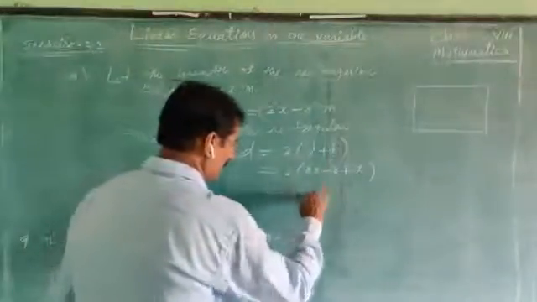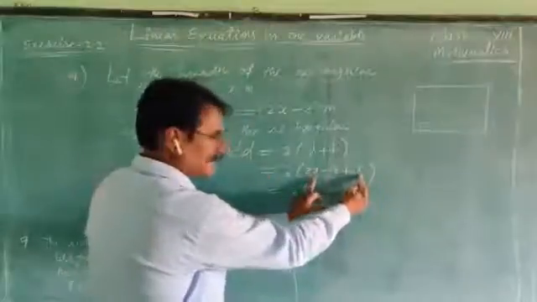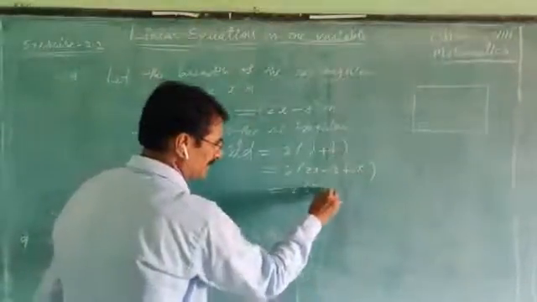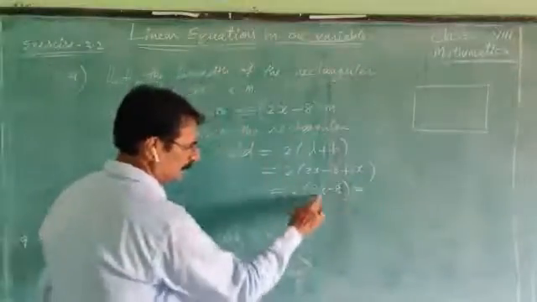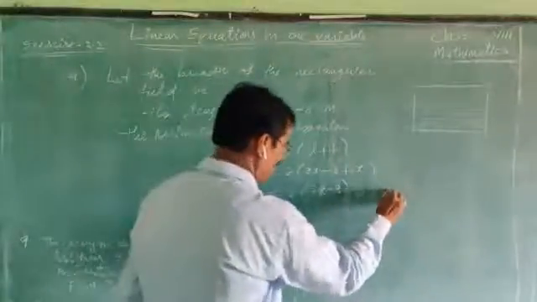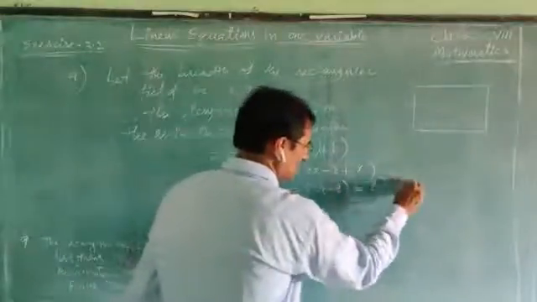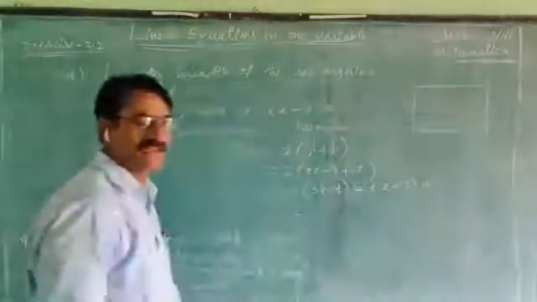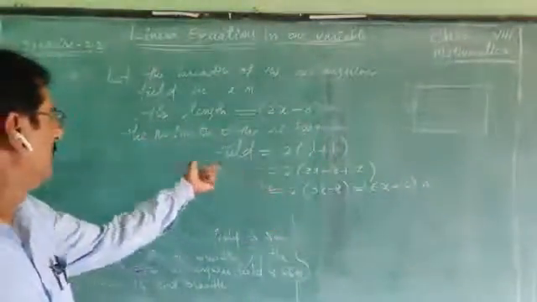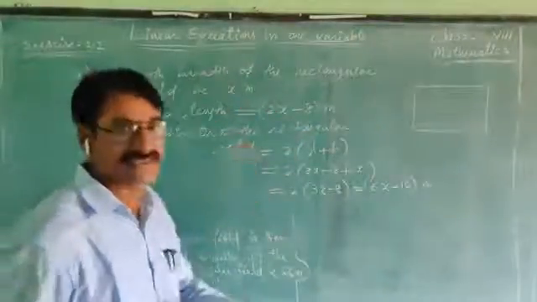Simplify it. 2 into 2x plus x. These both are positive, the sum of them is 3x, and minus 8. Now 2 into 3x is 6x, and 2 into minus 8 is minus 16 meters. This is the perimeter of the rectangular field as per our measurement.